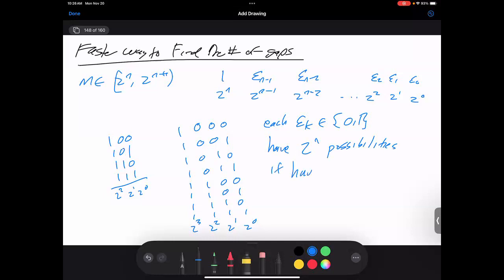If you have k epsilons that are 1, the number of gaps is what? So if we have over here, let's say we have 3 numbers that are 1. How many gaps do we have?